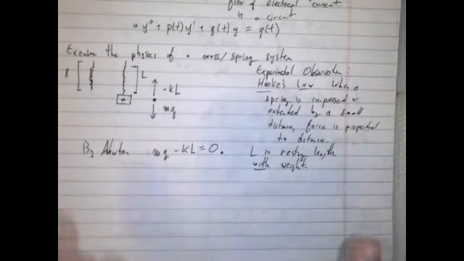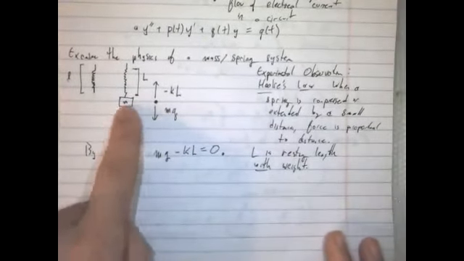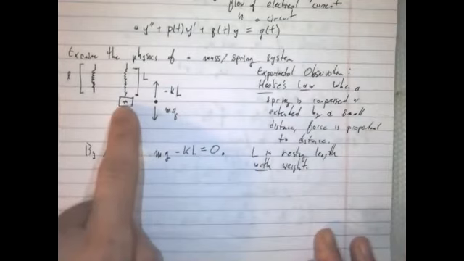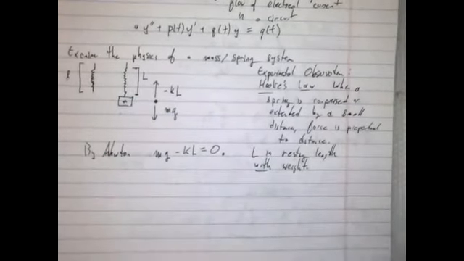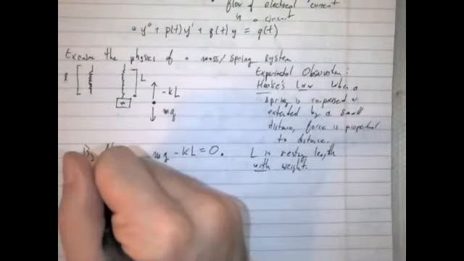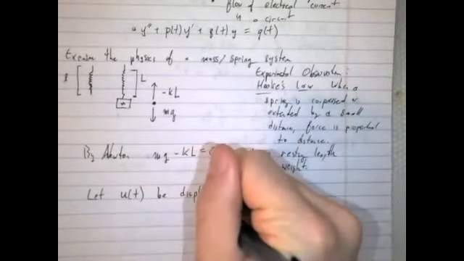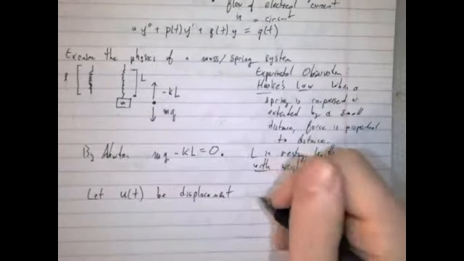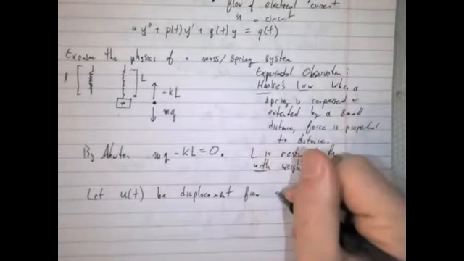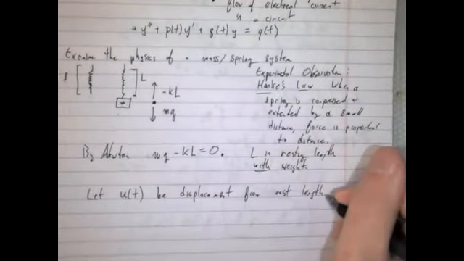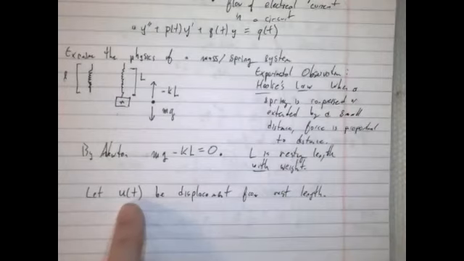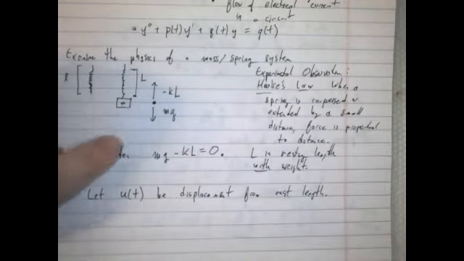Now that we have determined the resting state, or equilibrium solution, of the mass spring system, we can start thinking about oscillations. So now we're going to let u of t be the displacement from the rest length. Essentially, u of t is going to be some function which describes the equation of motion of the mass on the spring given some initial data.